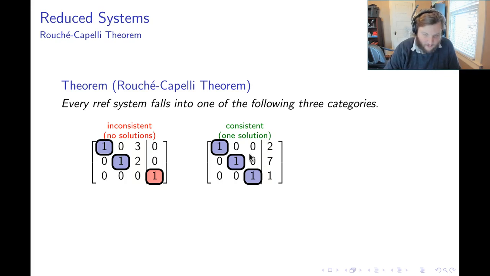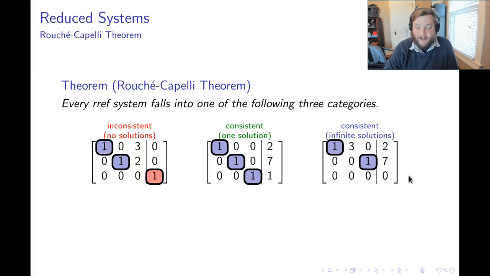And so here what we're looking at is an example of a system that has only one solution. The next category is the category of consistent systems that have infinite solutions, and this is the only other category. So every system is either inconsistent with zero solutions, consistent with one solution, or consistent with infinitely many solutions.